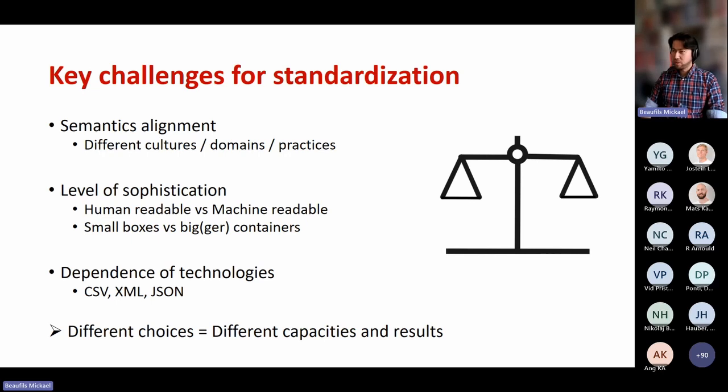Another point about standardization is that you have different possible levels of sophistication. When you would like to propose a standard, you would like to have something human readable, but if you want to reuse the data thanks to machines, this format should be machine readable, and sometimes a compromise should be found between the two. Also, there are multiple ways to address it.